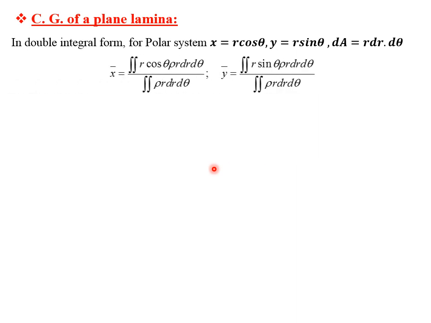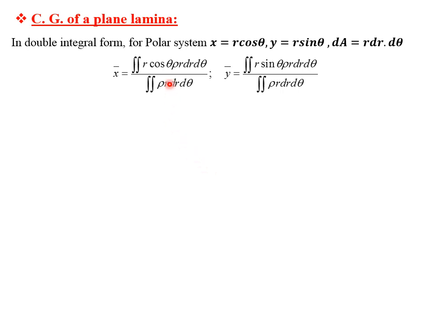And in that case, we are getting x bar is equal to double integration. According to the Cartesian form, we have x rho dx dy, but in polar form we have x, the value of x is equal to r cos theta, rho as it is, into, instead of dx dy, now here we have r dr d theta. So it becomes double integration r cos theta rho into r dr d theta divided by double integration rho r dr d theta.